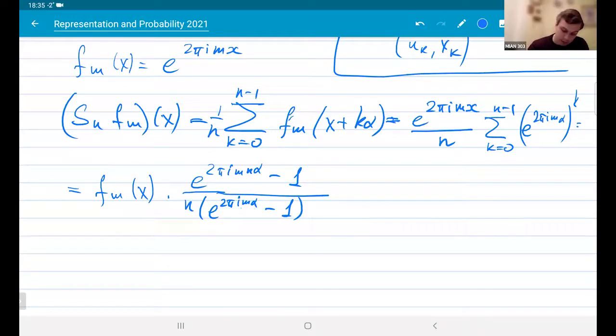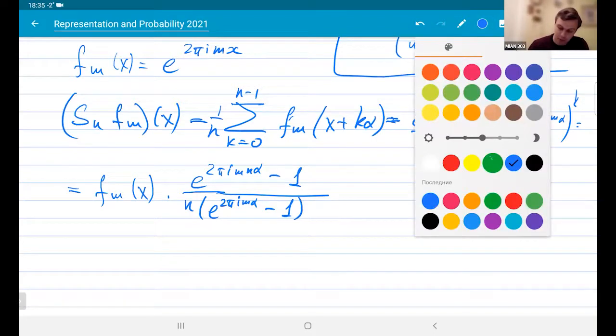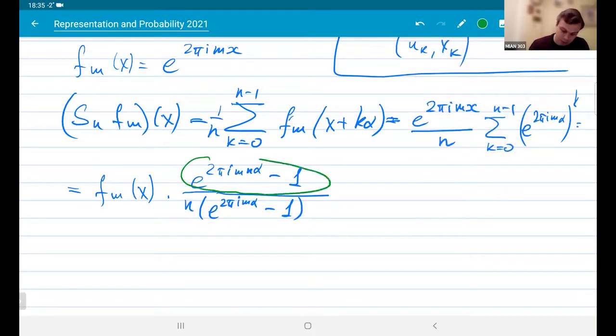On the other hand, as for the numerator, we can say that it does not exceed 2. So we can see that you can manage it somehow.